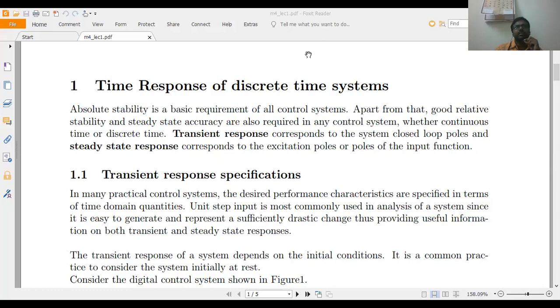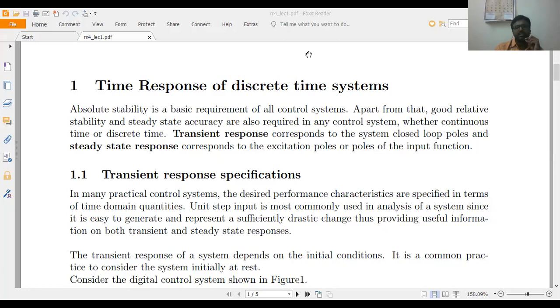This stability is judged with the help of the transient response and steady state response.